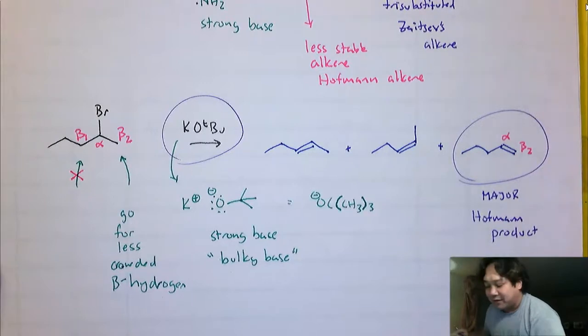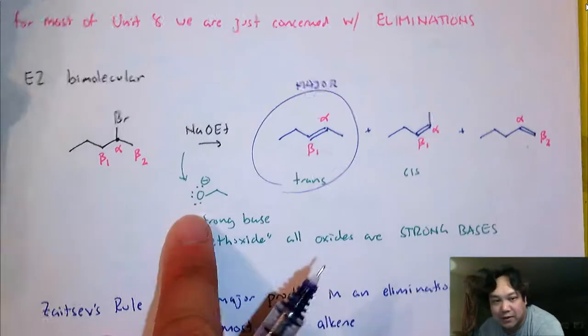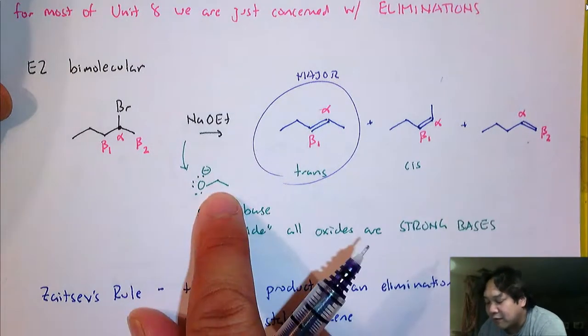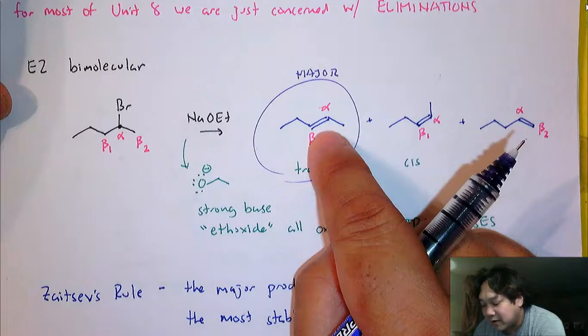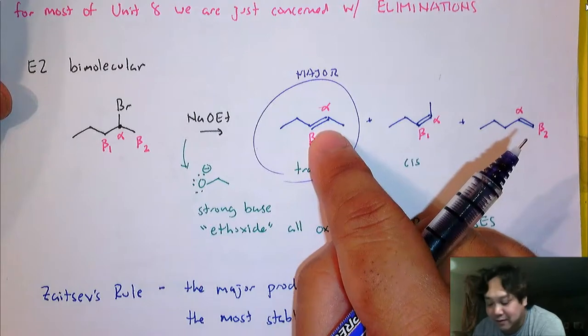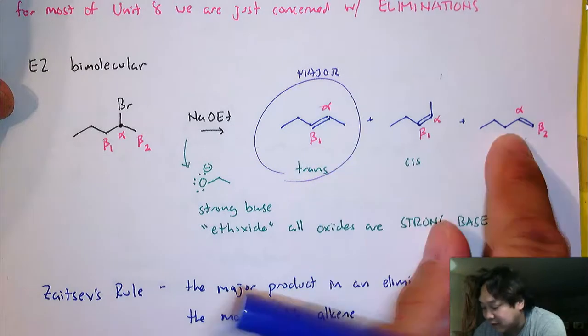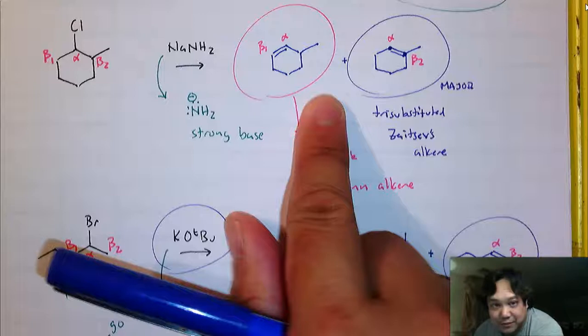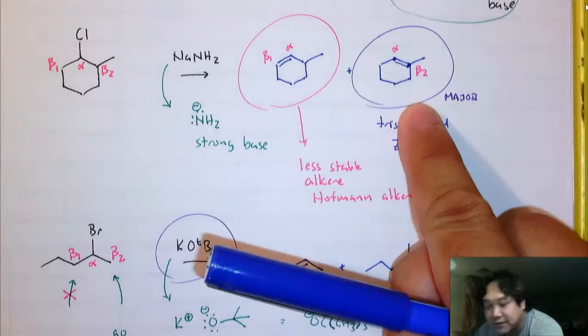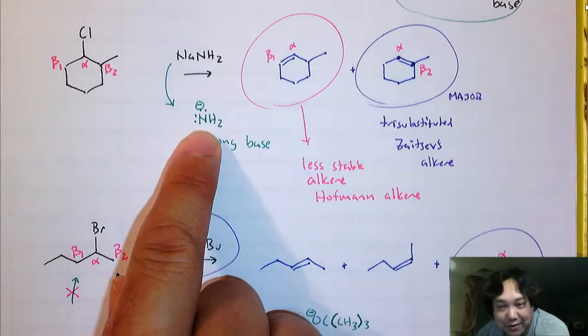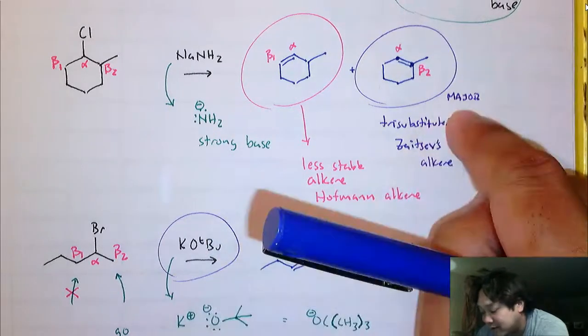As a reminder, when we used a non-crowded, non-bulky base, you go for the alkene that is the most stable. That's the Zaitsev product right there. Out of these 3, that's the most stable. Out of these 2, this is more stable. This is tri-substituted, and that base is not bulky. It's not crowded, so we go for the Zaitsev product.